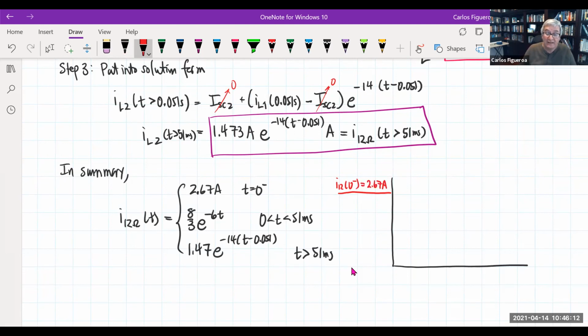And then what is going to happen? This thing is going to decay. Now, as it decays, whoa, is that really right? Let me make sure here.